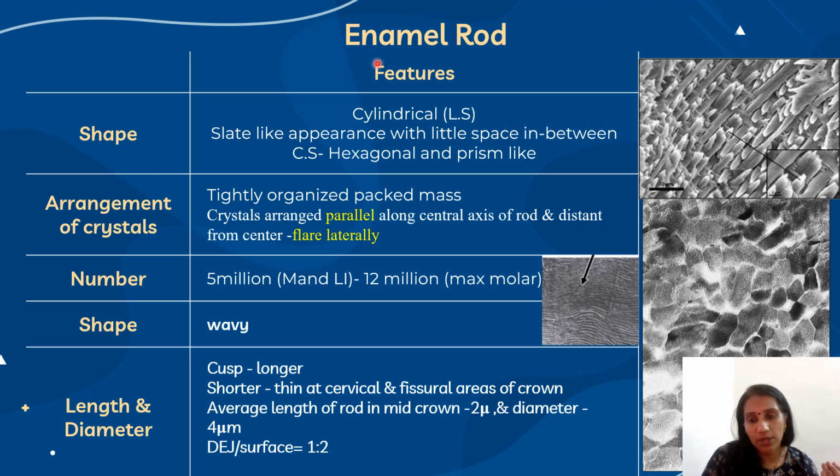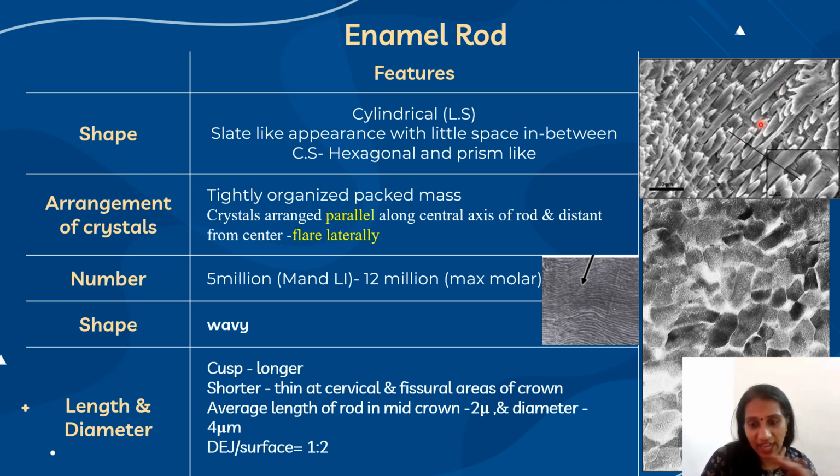Then looking at the other features of the enamel rod, like the shape, the arrangement of crystals within the rod, and how many rods there are. The shape of the enamel rod on a longitudinal section appears like a cylinder, but it is not a typical cylinder.